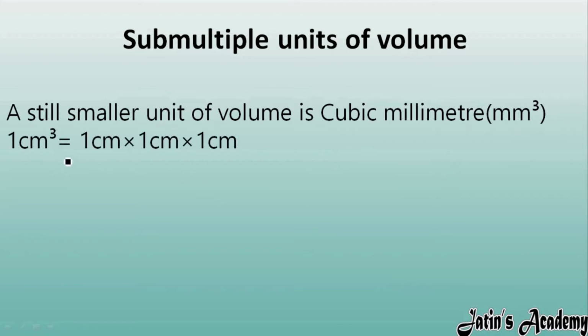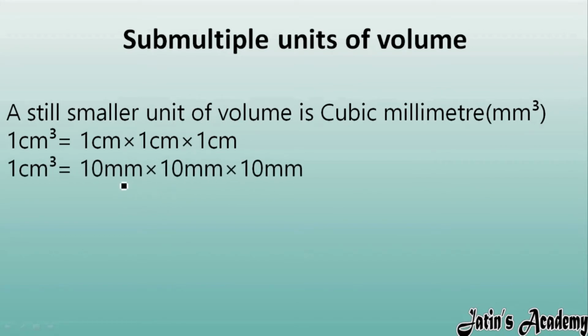So here we are going to write the relationship between 1 centimeter cube and 1 millimeter cube. 1 centimeter cube, can we write it as 1 centimeter multiply 1 centimeter multiply 1 centimeter? And we know 1 centimeter is always equal to 10 millimeter. Instead of 1 centimeter, I am going to write here 10 millimeter each.